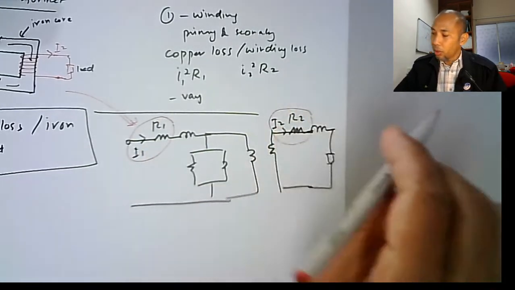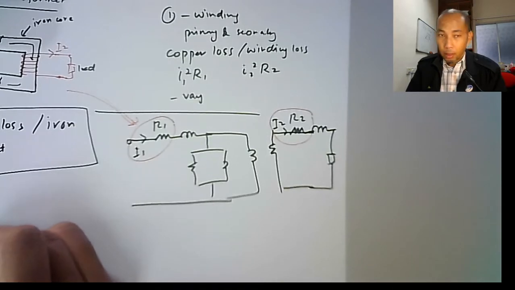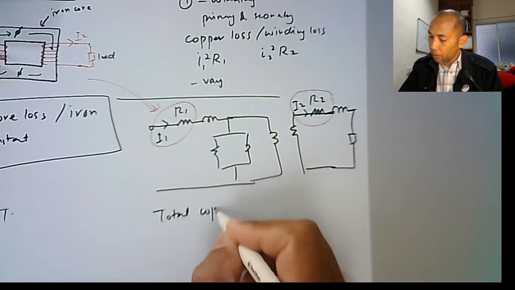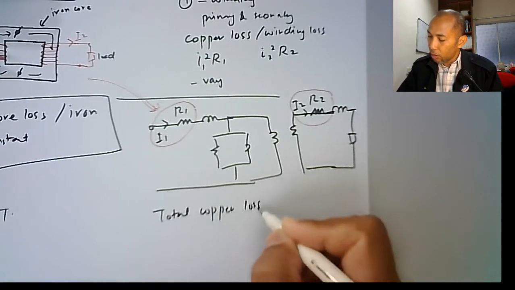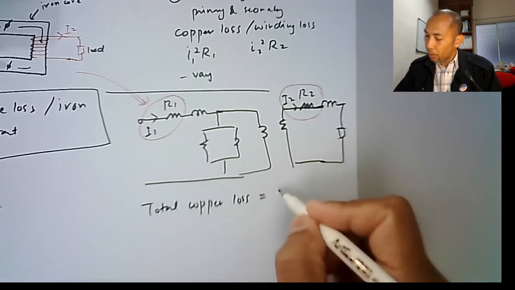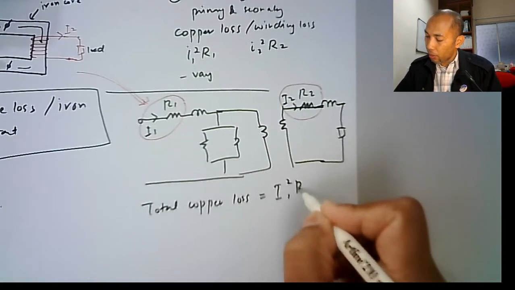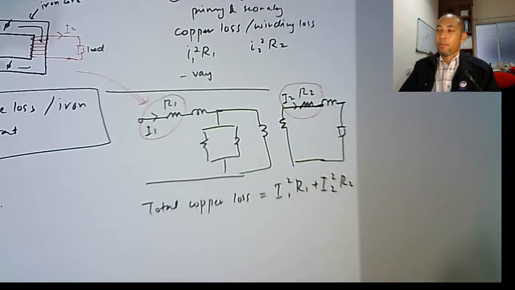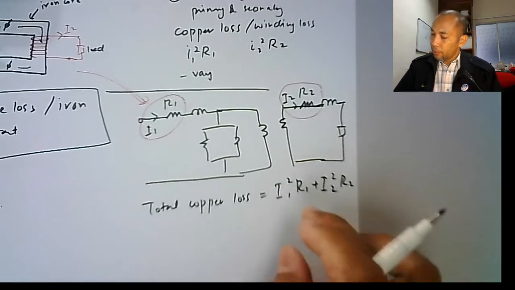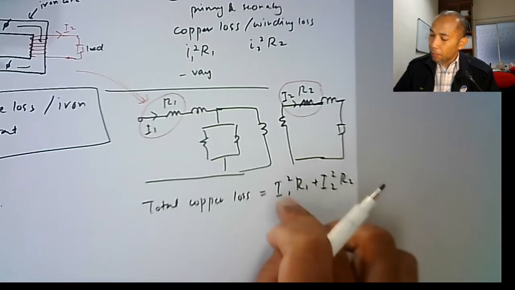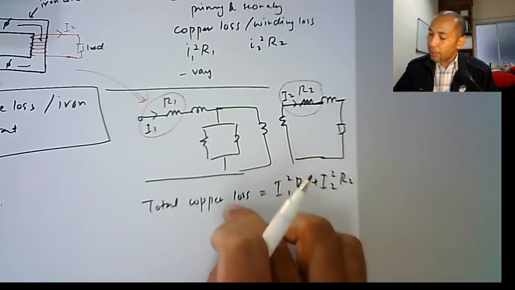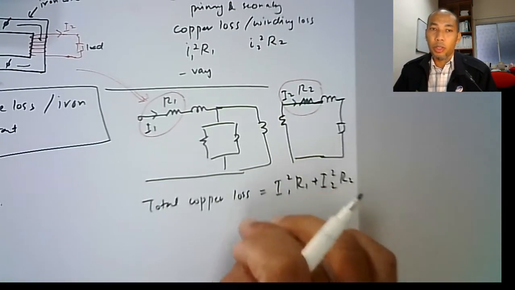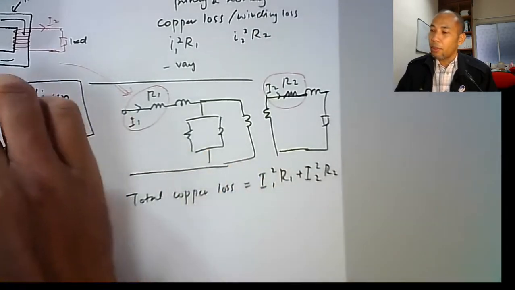So the total copper loss or winding loss will be I1 square R1 plus I2 square R2. That is the copper loss at the primary side plus the copper loss at the secondary side. We call this the total copper loss of a transformer.